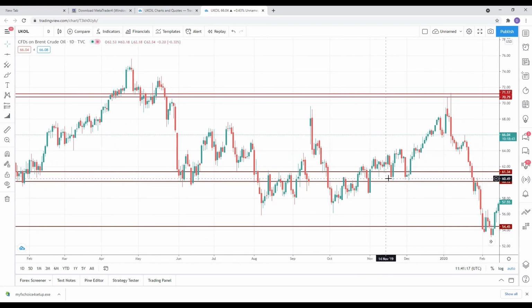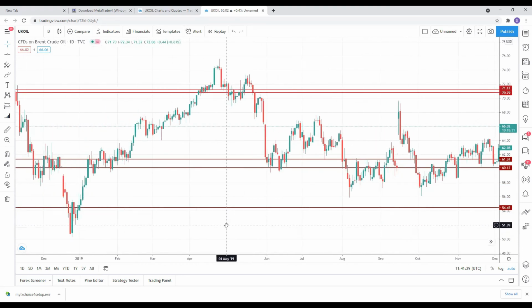The price of the asset keeps bouncing off support. It went up, bounced off resistance and then went down. It broke support right here. So the price of the asset can break support. The price of the asset can break resistance. When the price of the asset breaks support or resistance, it is referred to as a breakout.